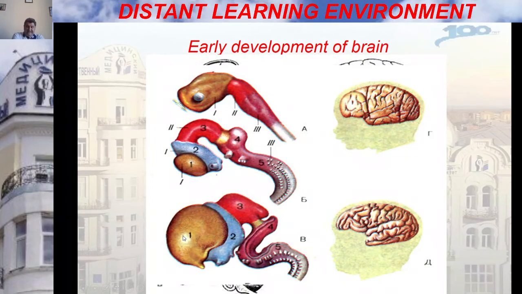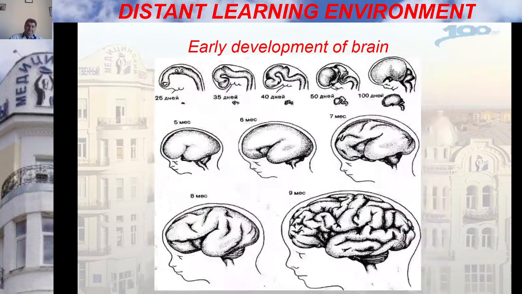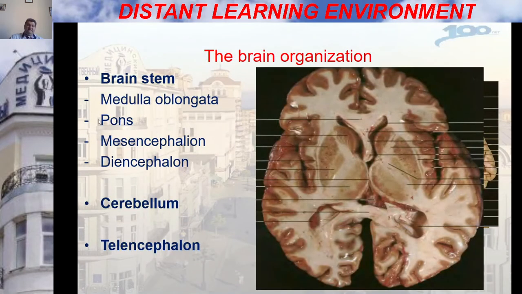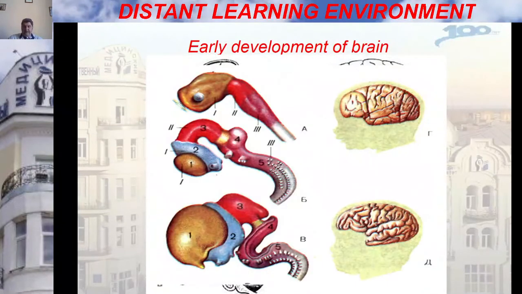All the parts named with the exception of the cerebellum and telencephalon form the brain stem. Brain stem. You may hear these parts again, brain stem. Besides this part, the isthmus rhombencephali, as I told you, lying between the rhombencephalon and mesencephalon.